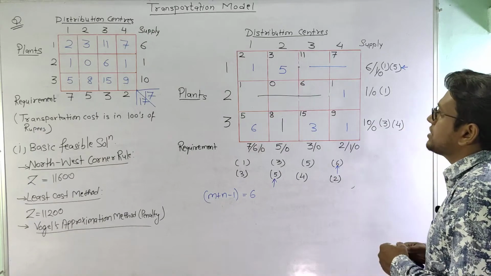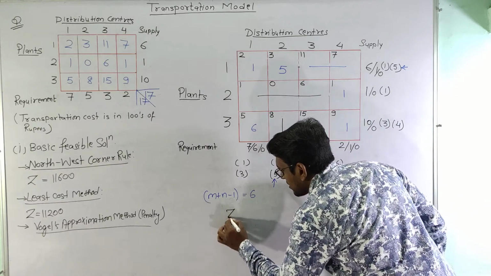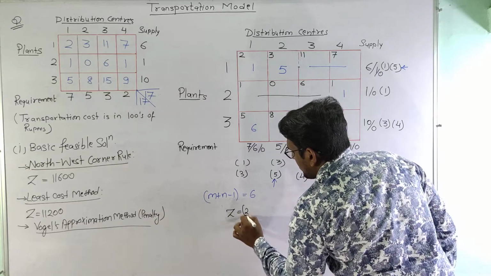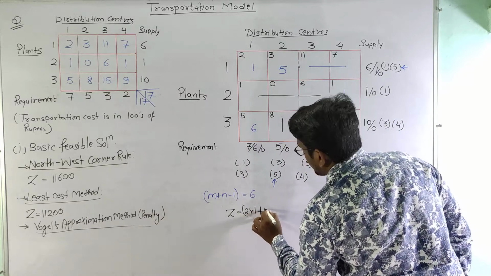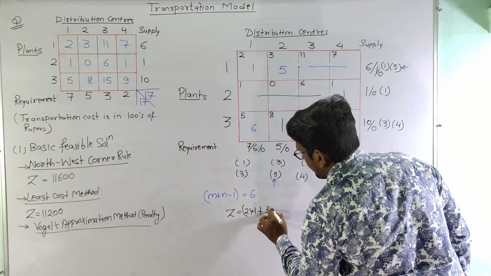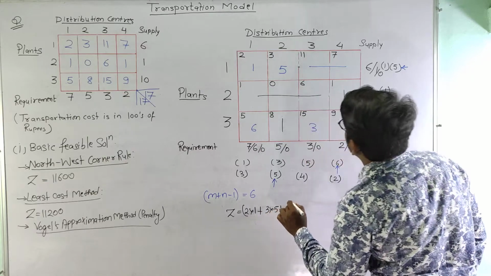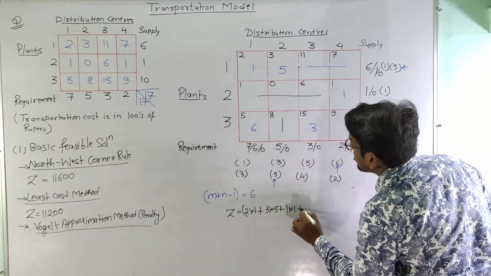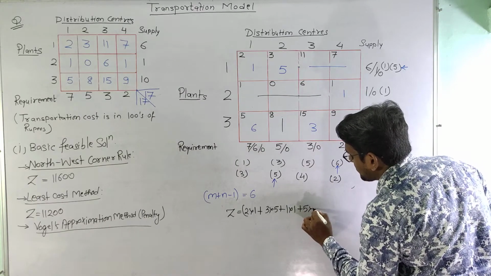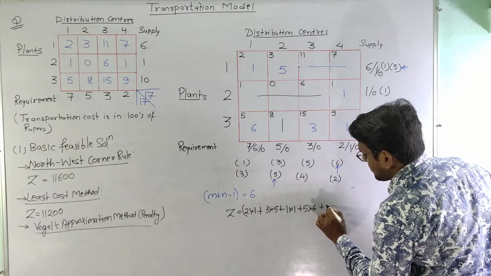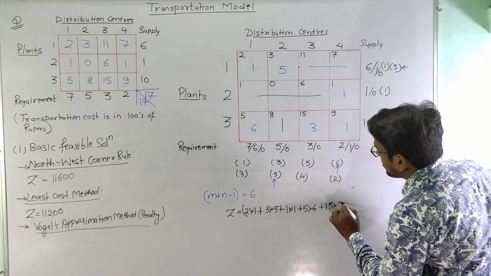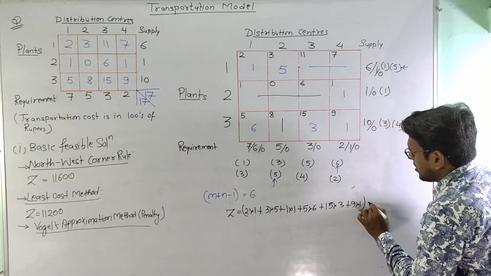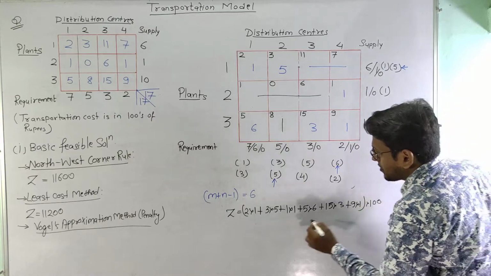Now let us calculate the value of z here. This will be 2 into 1 plus 3 into 5 plus 1 into 1 plus 5 into 6 plus 15 into 3 plus 9 into 1 into 100.